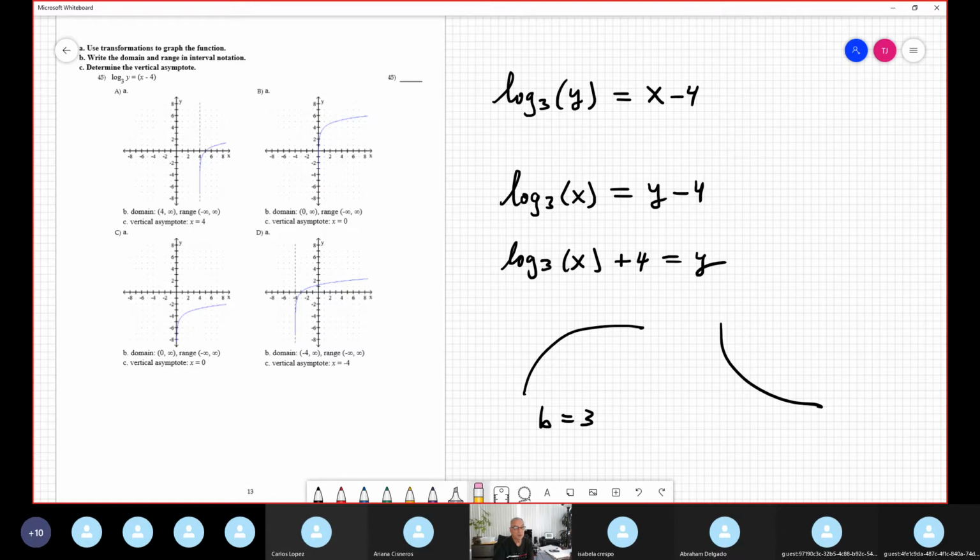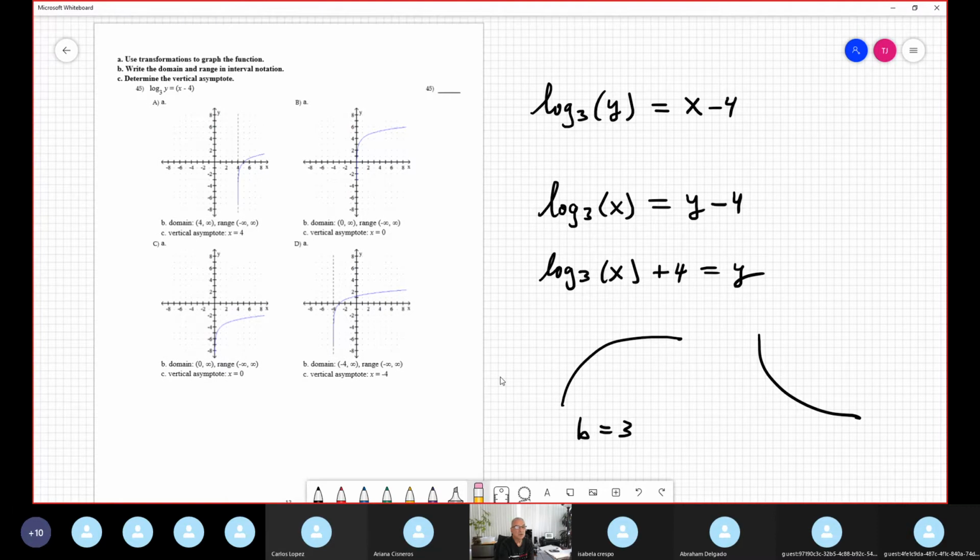I don't understand this problem very well. Using transformation to graph the function. Forget about this. This is weird. I suppose I never do that, right? You see, yes, logarithmic. I think number 24 on the test is similar to it. Yeah. Oh, let me see.